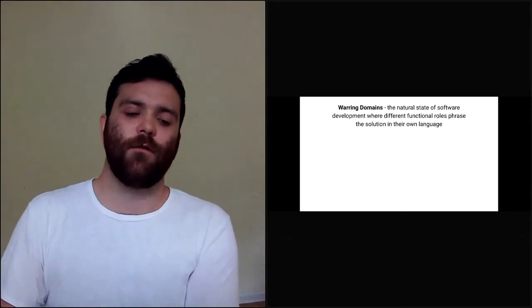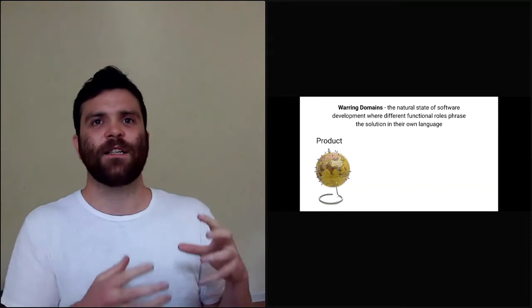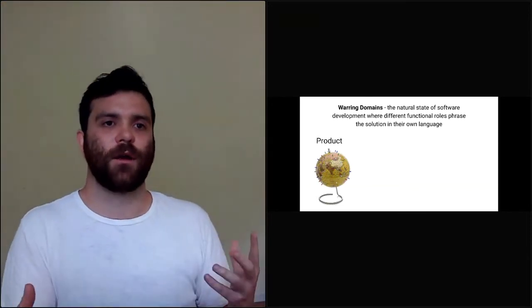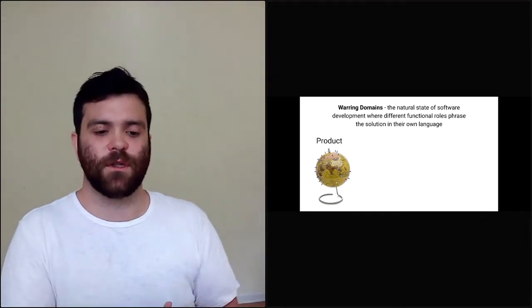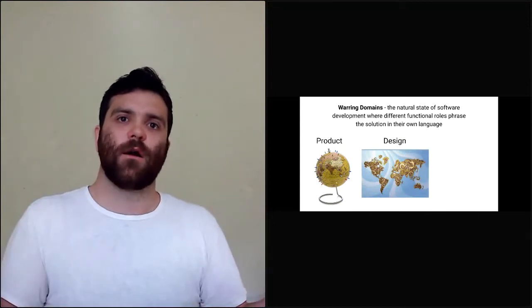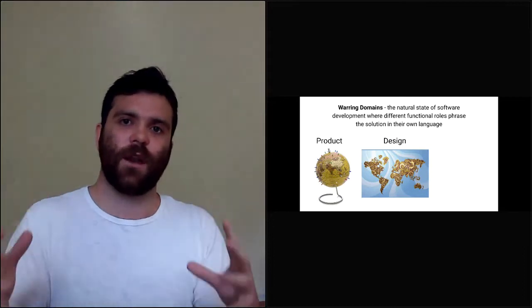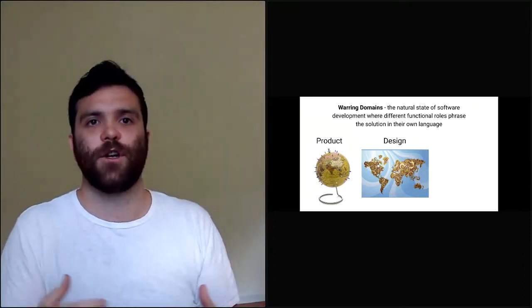And so you have a world in which product has phrased the solution in its own language, right? You could imagine product as being this globe that marks things that are important. It's very functional. It's pre-organized. You get design, which adds another layer onto the picture. And maybe this is more digestible for the end user and helping them figure out exactly what they need to do and how they should use the thing.